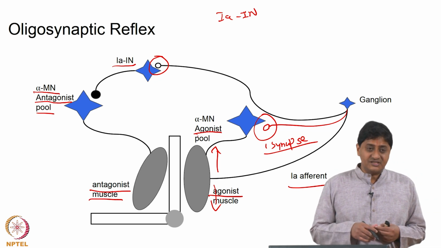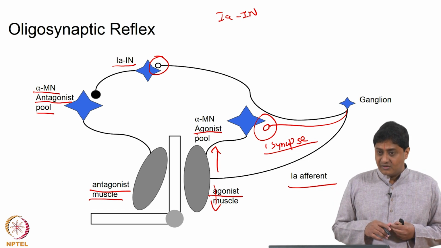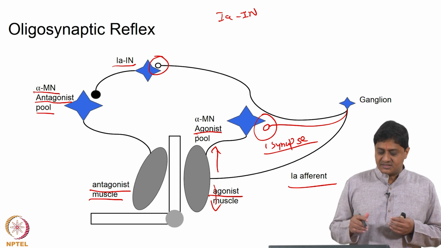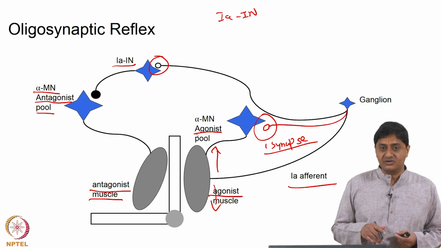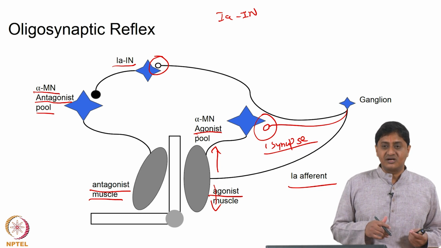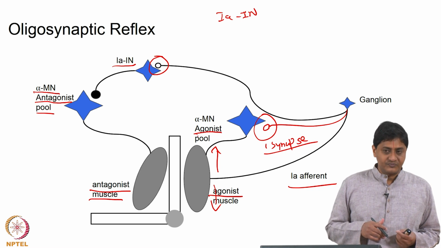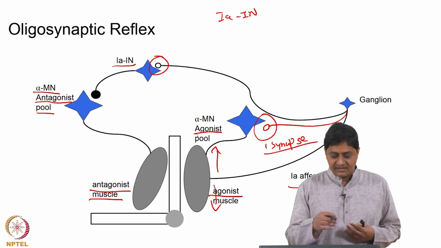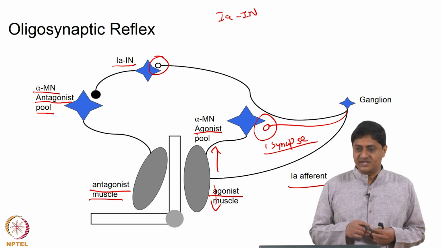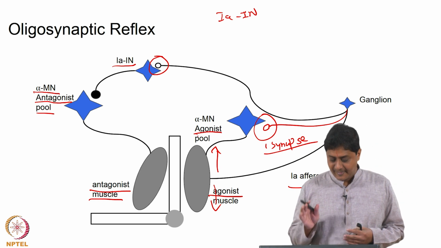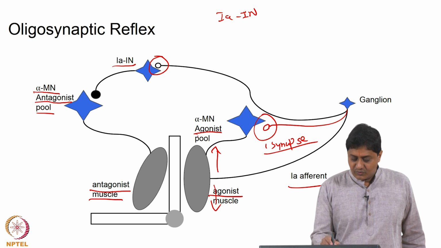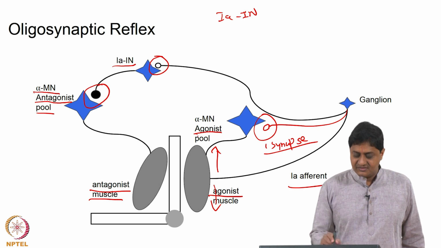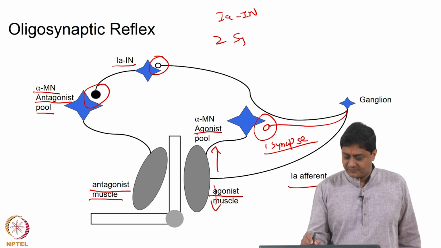It is also possible that it could be due to other reasons, but at least this negative feedback ensures that if there is a need for that muscle to contract, the probability that it will contract will be relatively low in the nearest future, for the next few tens of milliseconds or hundreds of milliseconds. So, this involves one synapse here and one synapse there. This involves 2 synapses.